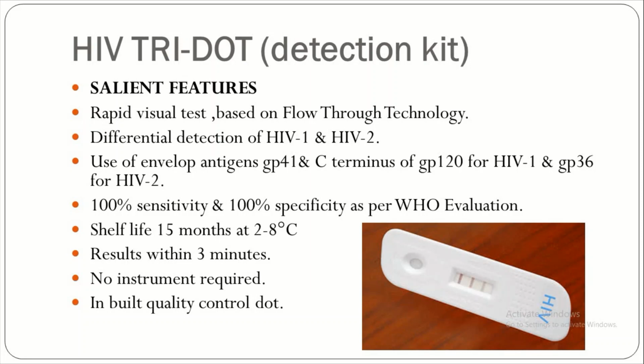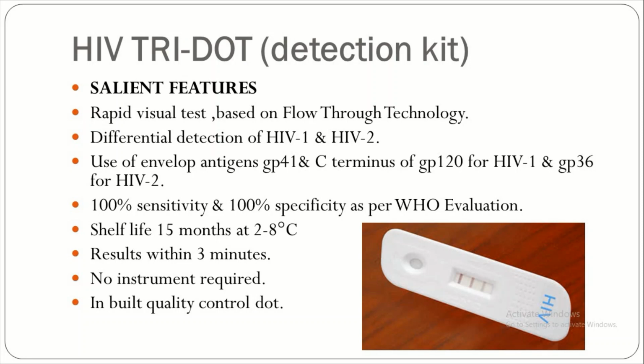The second one is the HIV TRI dot detection kit, which is a very rapid visual test kit based on the flow-through technology which we have seen in the pregnancy test kit, which detects both HIV-1 and HIV-2. This kit uses the envelope antigens glycoprotein 41 and C terminals of glycoprotein 120 for HIV-1 and glycoprotein 36 for HIV-2.